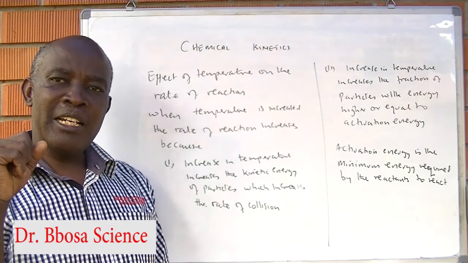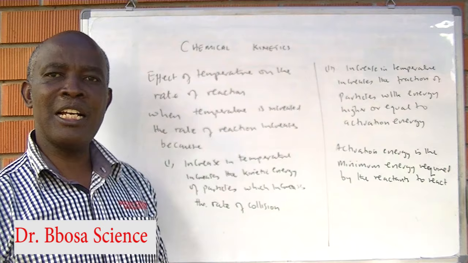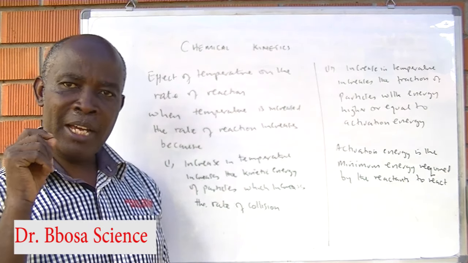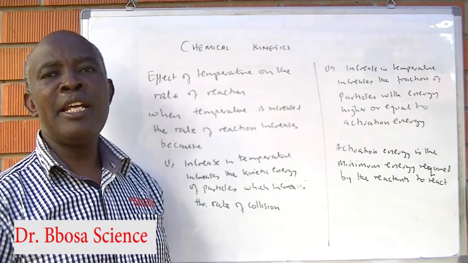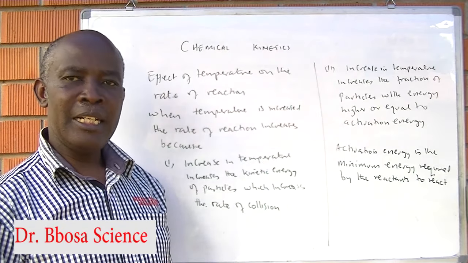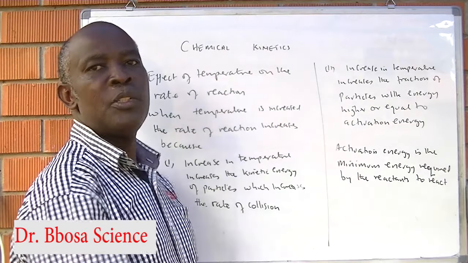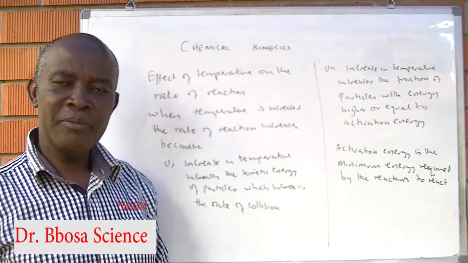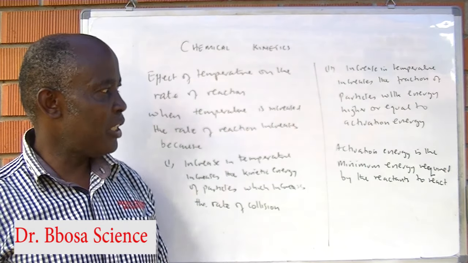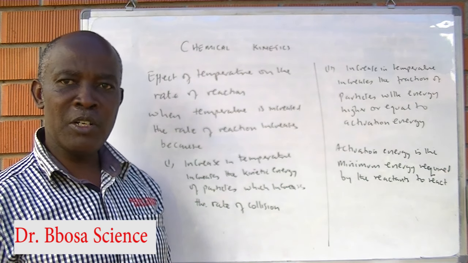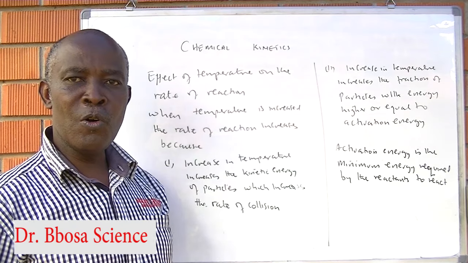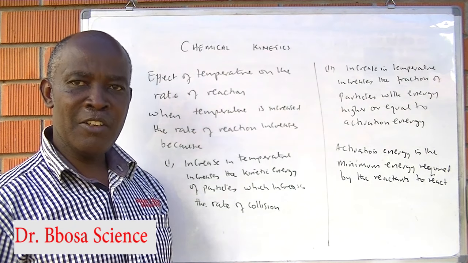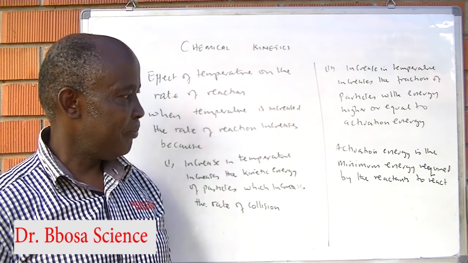After collision has taken place, the reactants must have a minimum energy called activation energy to enable them to react. So increase in temperature increases the fraction of particles with energy equal to or higher than activation energy.